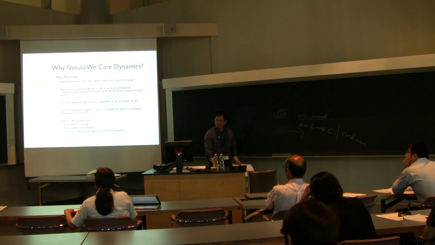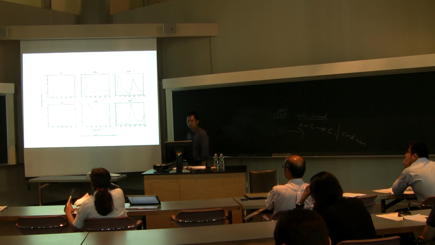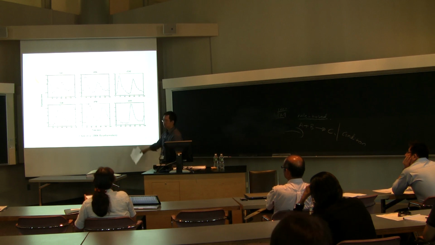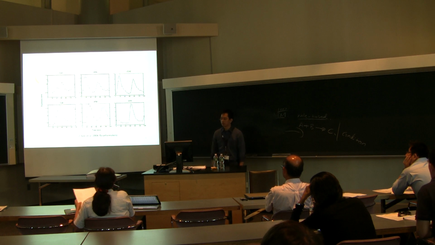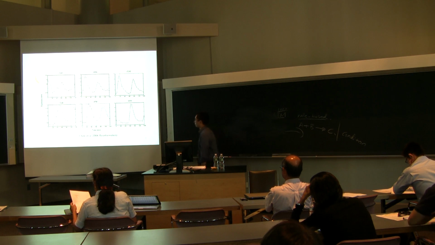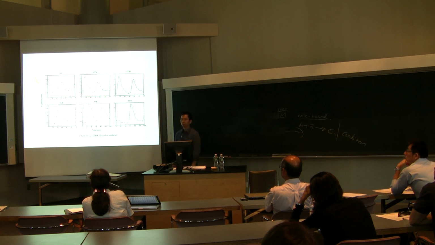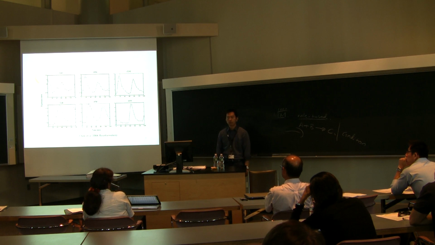If we look at the gene expression data, it's not their data, it's just data I grabbed from a bioinformatics journal paper. If you look at the gene expression pattern, it's not static, it's dynamic. It has ups and downs.